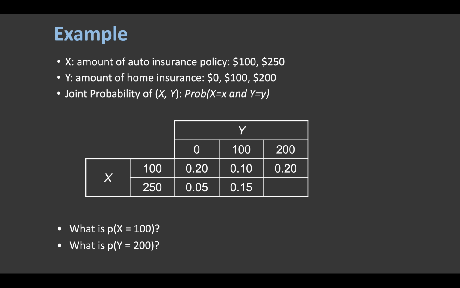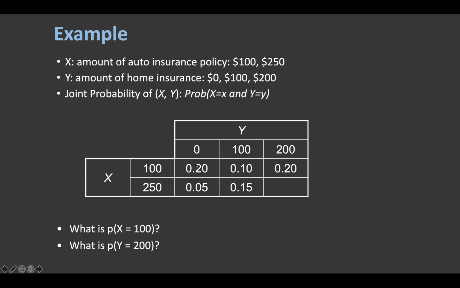Now, here's a table that shows the joint probability. When x equals 100 here, and y equals 0, this is 0.2, sorry, 20%. That means 20% of the population bought the car insurance policy, which equals $100 per month, and then didn't pay for anything for home insurance.